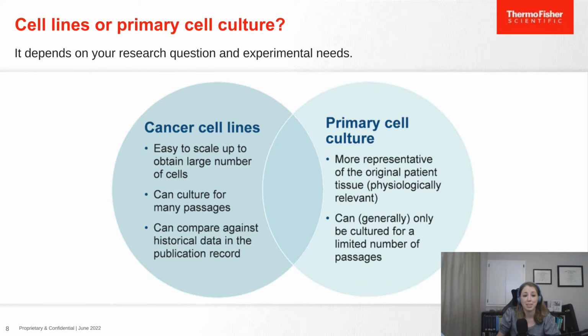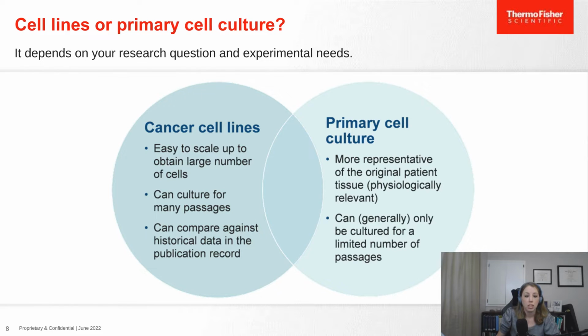Believe it or not, the success rate for establishing a new cell line is still relatively low, even though these are cancer cells. Therefore, you'd have to keep procuring tumor tissue or freshly isolated cancer cells regularly to continue your primary cell studies.